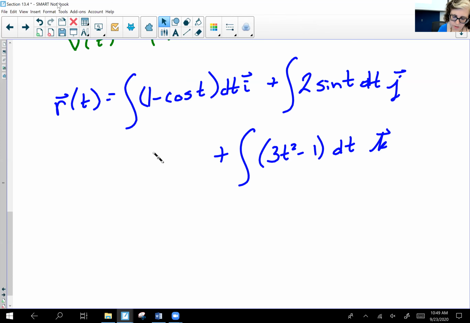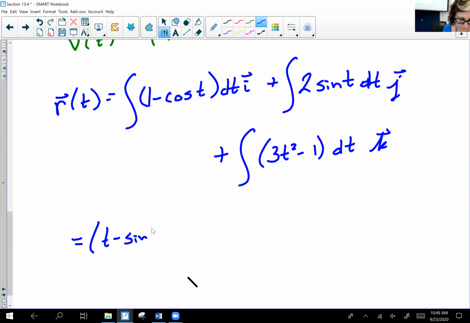All right, so let's go ahead and do these integrals. The first one is going to be t minus sine of t plus c sub i. That's my I component.